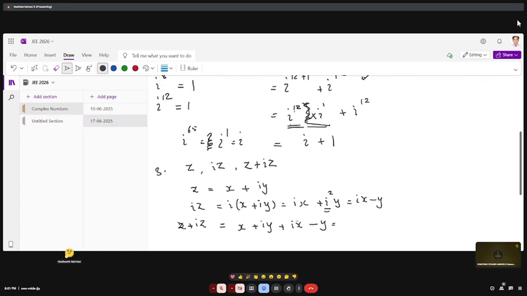I'm putting x and y rather than real and complex. x into 1 plus i plus y into i minus 1.